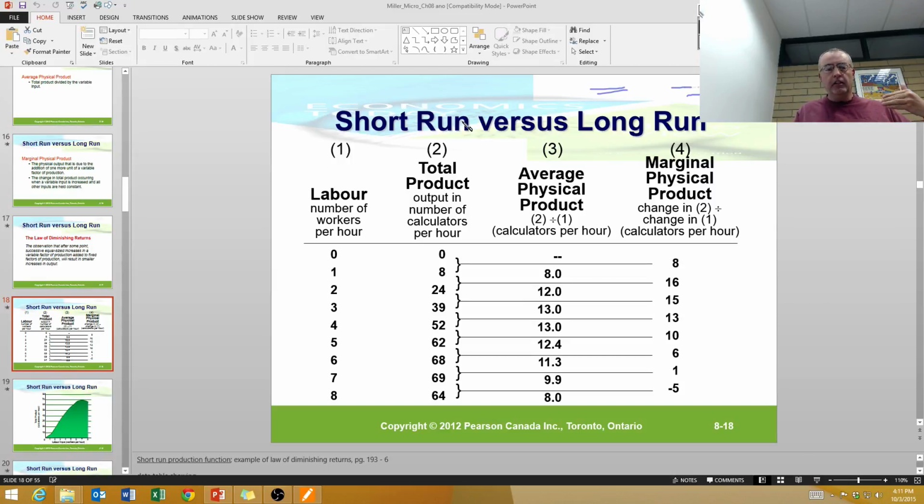It initially increases at an increasing rate, then it increases at a decreasing rate, and then it starts to decline, or we could say it increases at a negative rate. So this is an example of diminishing marginal returns.